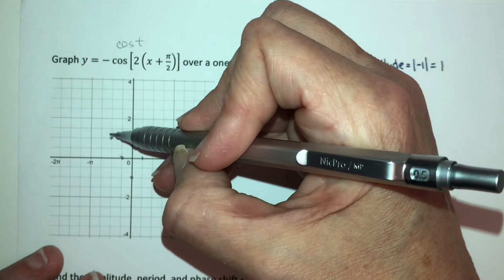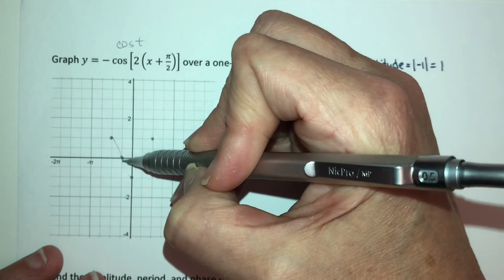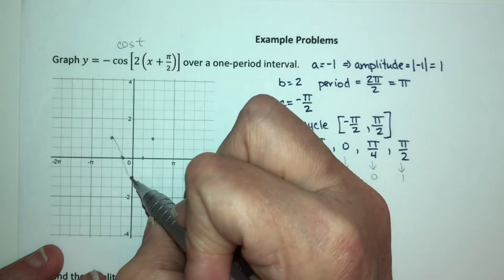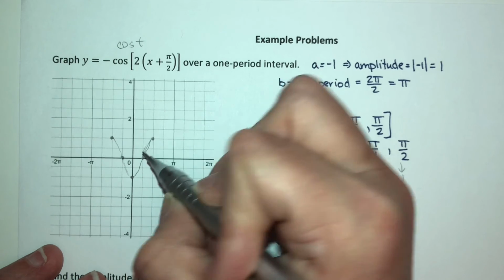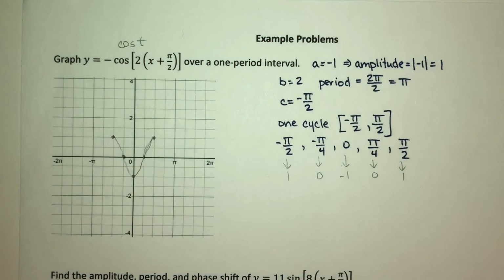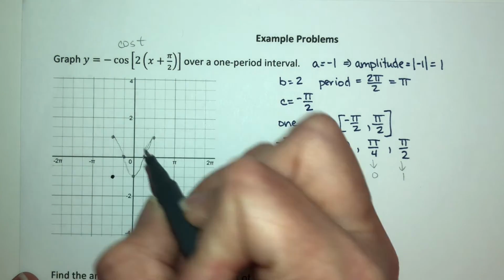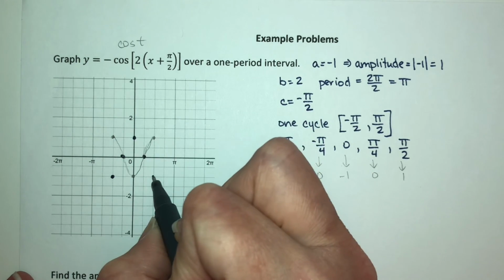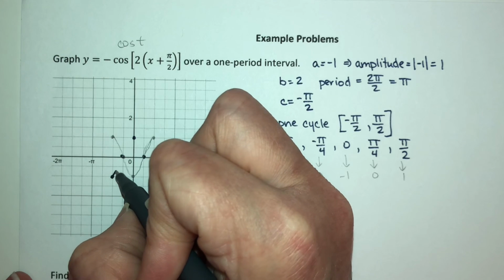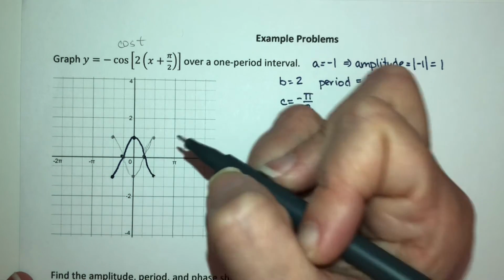Our positive cosine function will look like this over one cycle. I didn't graph that so well right there. Now it's negative, so we flip this over the x-axis to get that graph.